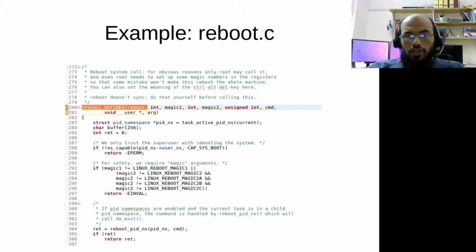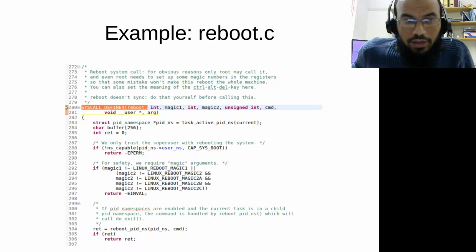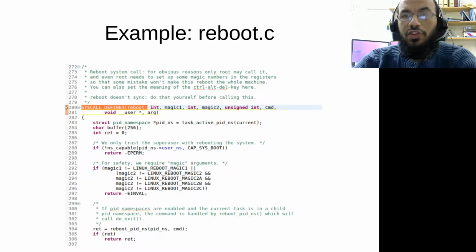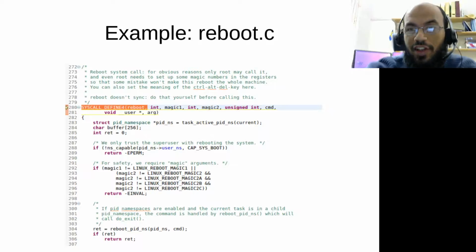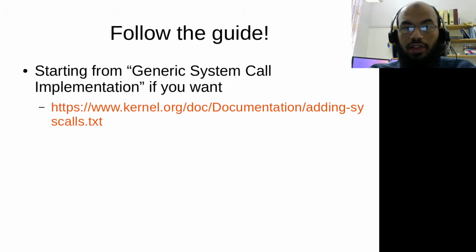So now we are almost done with everything that is actually related to syscalls. But then the question is, how do we implement our assignment? I posted with the assignment a link that points you to a document about adding syscalls.